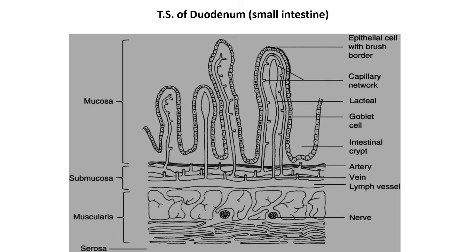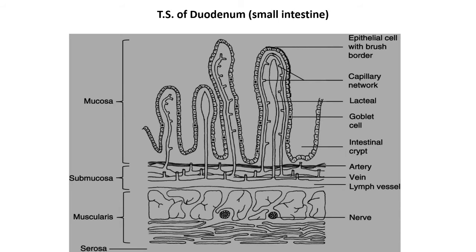There is a complete division of transverse section of duodenum into four distinct parts such as outer serosa or adventitia. Second, muscularis, which is highly vascularized as well as supplied with nerve fibers.